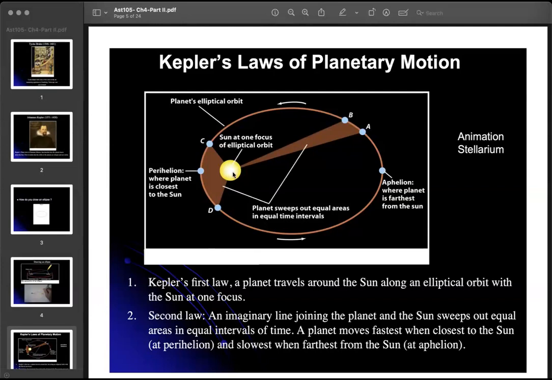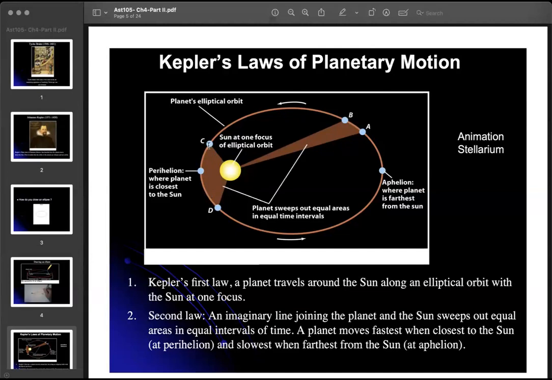Now, because the distance is greater, even a small movement from A to B can create this area. Whereas when the planet is closer to the sun, because the distance is less, this triangle shape that is forming, its base needs to be bigger in order to match that same amount of area.